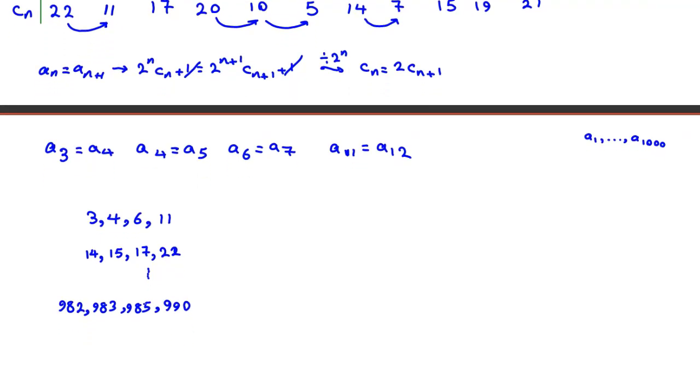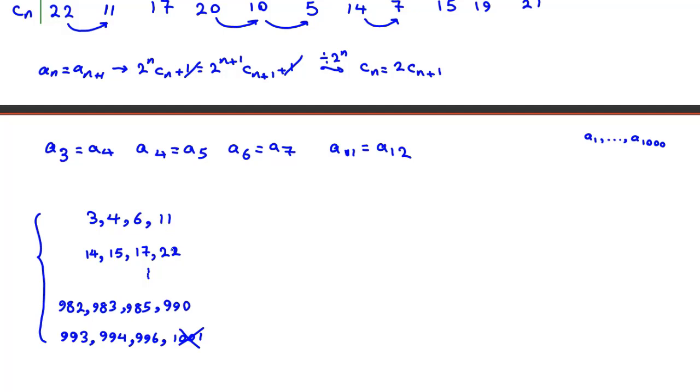Now, in the next case, you add 11, it will be 993, then 994, then 996, then plus 5 will be 1001. We will see 1001 is not good because 1001 and 1002 are equal. So we cancel these.